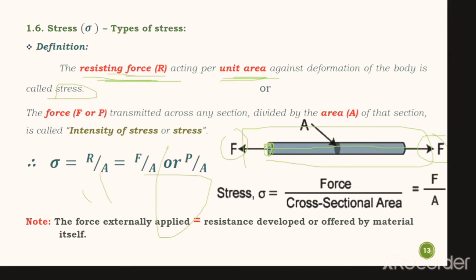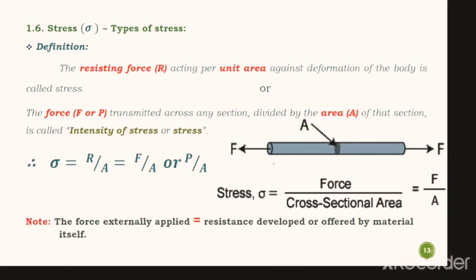As I said earlier, these compressive and tensile forces act always perpendicular to the cross sectional area. సో క్రాస్ సెక్షనల్ ఏరియాకి యాక్ట్ అవుతున్నాయి. సో ఇప్పుడు ఏరియా అంటే ఏమైనా, స్ట్రెస్ అంటే this force F divided by area, cross sectional area.